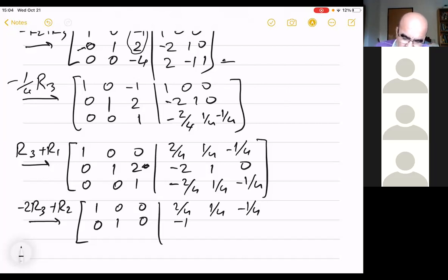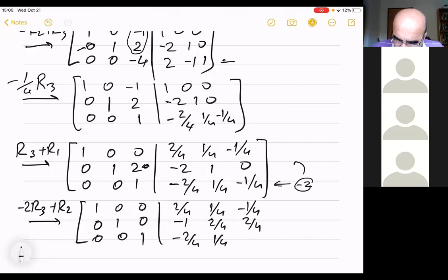This is minus 1 minus 2/4 is 2/4. And you multiply this, it is 2/4 here again. You multiply this by minus 2 and add it upstairs. Yes. And the last row, it stays the same. Minus 2/4, 1/4, minus 1/4.